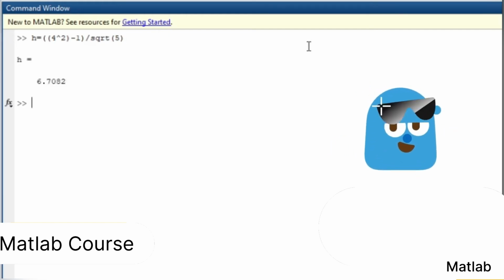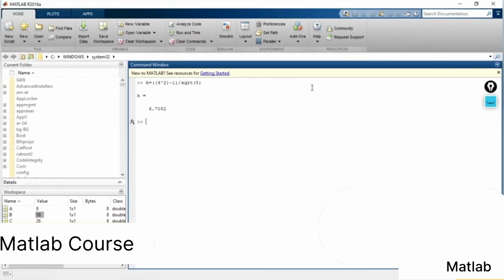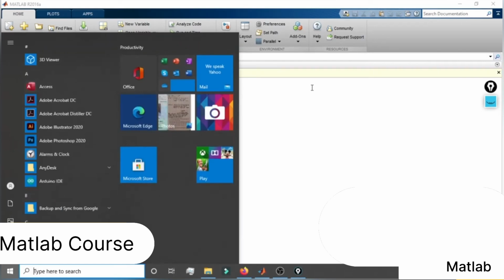The answer is 6.7087. 4 square is 16, minus 1 is 15, and 15 divided by under root 5. Let's calculate that. Is the answer correct or not?